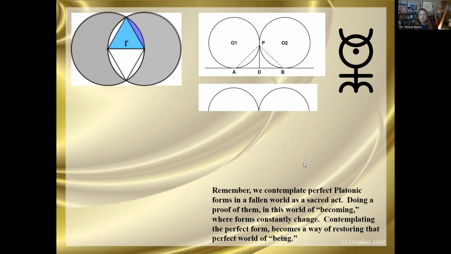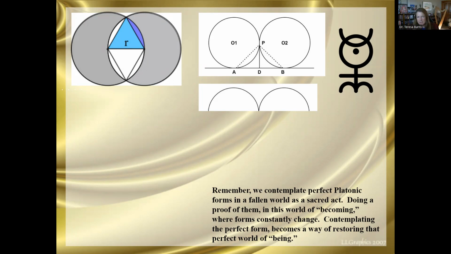I want to just remind you why in Dee's world you would be doing this. You contemplate, whether you're a Platonist or a Neoplatonist, perfect Platonic forms in a fallen world as a sacred act.